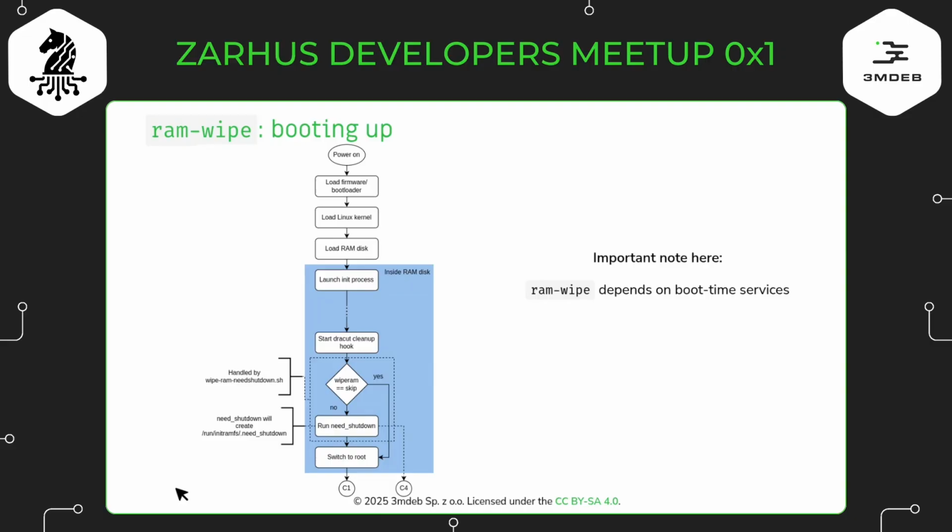How does RAM wipe do it? Firstly, going from the no power state, we are loading, as I said before, firmware and bootloaders, and we are loading the victim's OS, for example, the Linux kernel. Then we get to the RAM disk, the initramfs that was prepared by Dracut. We are launching init processes, and then the Dracut hooks start. Some hooks trigger some of the RAM wipe scripts.